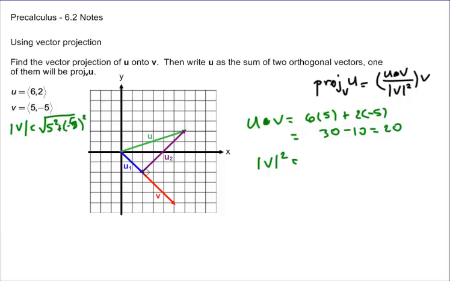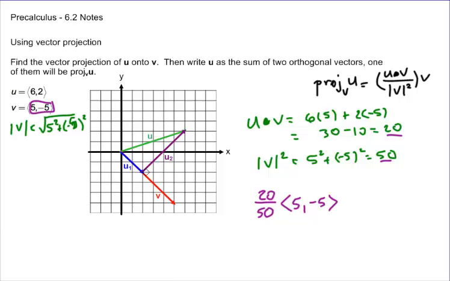When I square that, I lose the square root, so this is 5 squared plus negative 5 squared, which is 50. So here are the two pieces that I need, and then I need this vector right here. This gives me my direction and my magnitude. My magnitude is going to be 20 divided by 50, and the direction is going to be 5, negative 5.